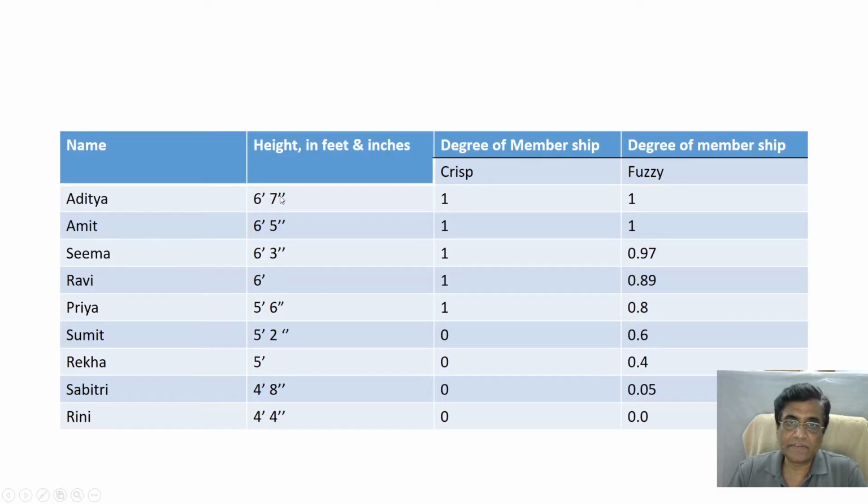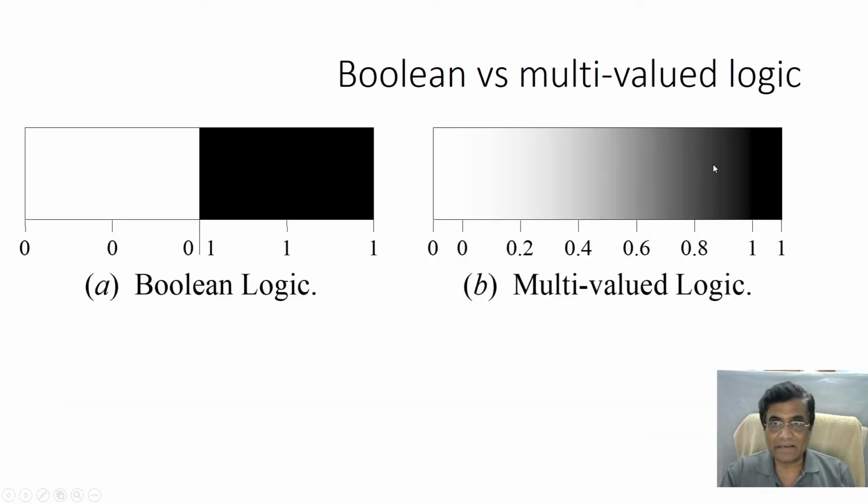Aditya, 6 feet 7 inches. Suppose Chris means bivalent logic. I am calling this height as tall, so it will be classified as one. On the other hand, somebody using fuzzy logic does so with the help of degree of membership. I'll explain that.